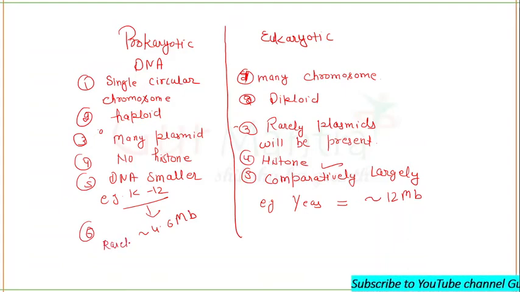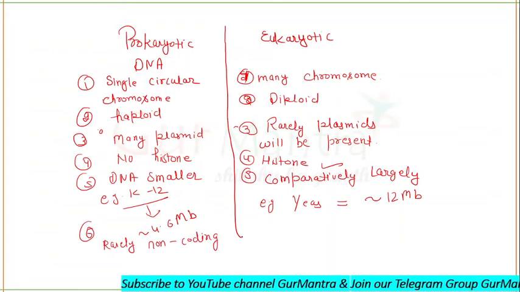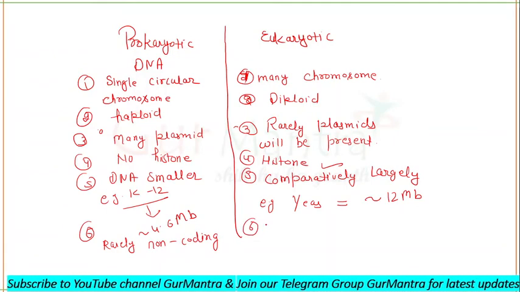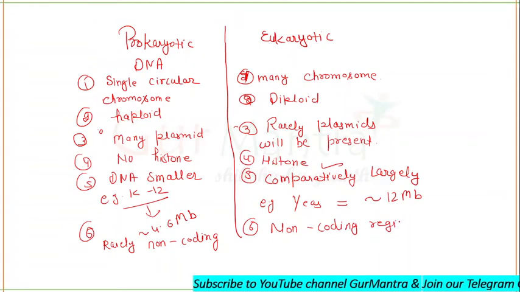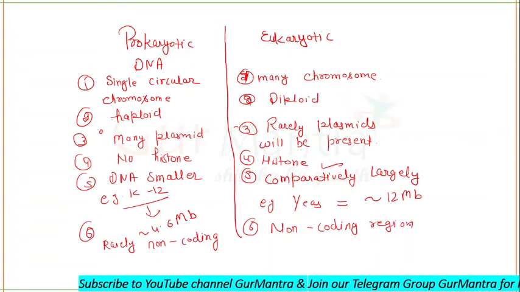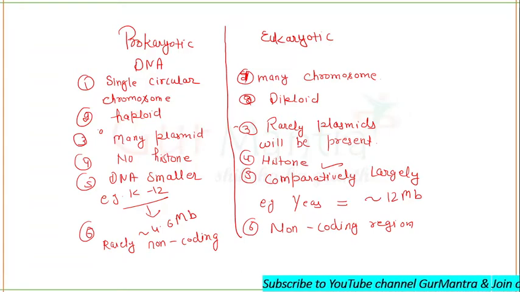Rarely do they have any non-coding region, like introns. Here in eukaryotes you will see many introns, a lot of non-coding region. We need to splice the eukaryotic mRNA in order to form a mature mRNA. The first mRNA formed is heterogeneous mRNA.